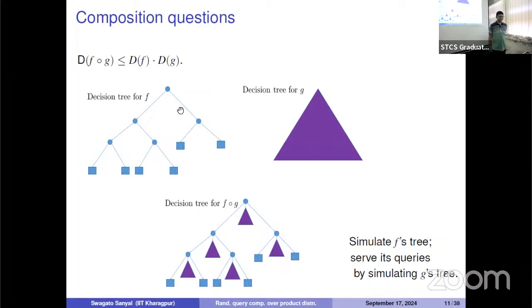So let's say the blue tree on the left is an optimal decision tree for F, and the violet tree on the right is an optimal decision tree for G. Can I ask a stupid question? When you look at the query model, it's obviously at most the number of variables. So when you measure it, is it a fraction of n or is it just the number? Just the number. Yes, but composition also increases the number of variables, so it will not affect the fraction that much.